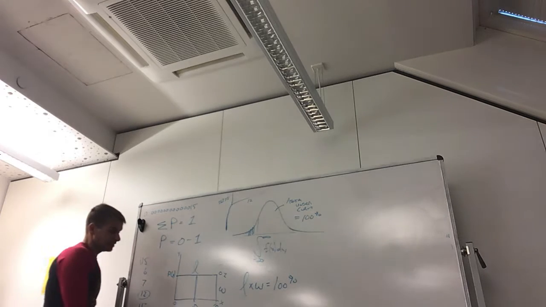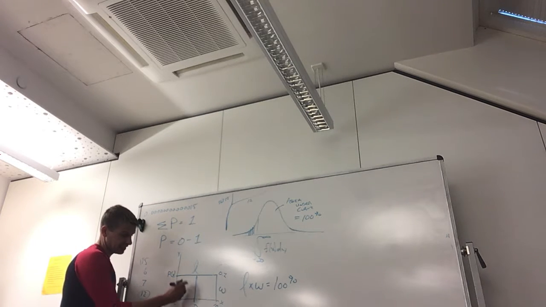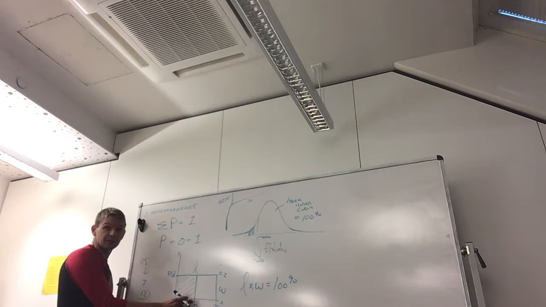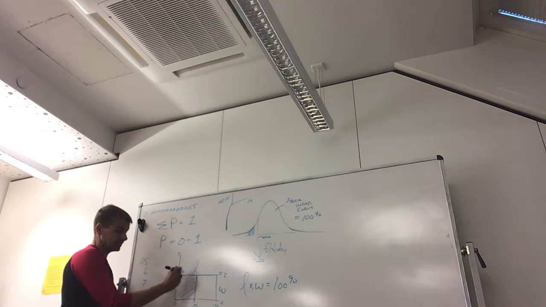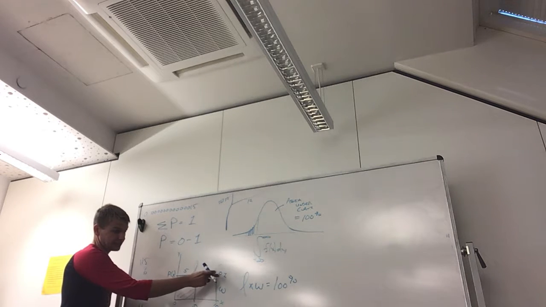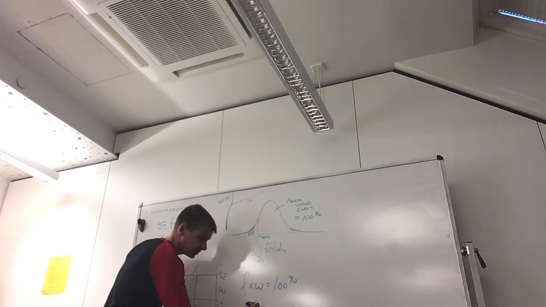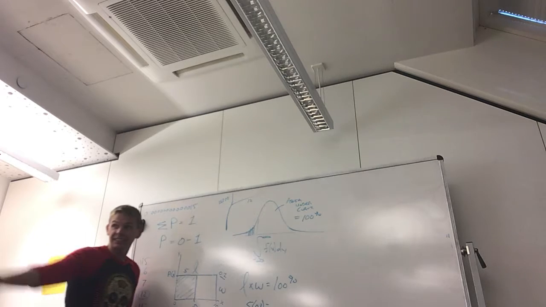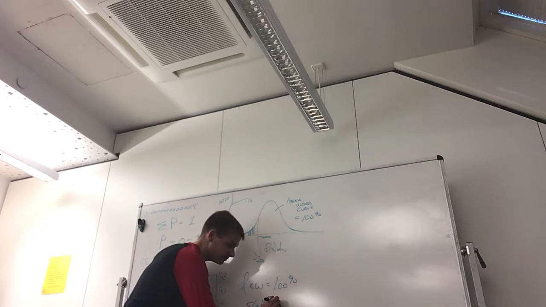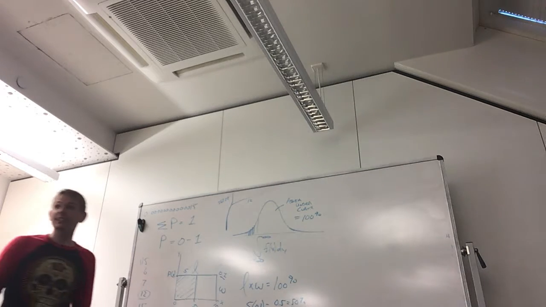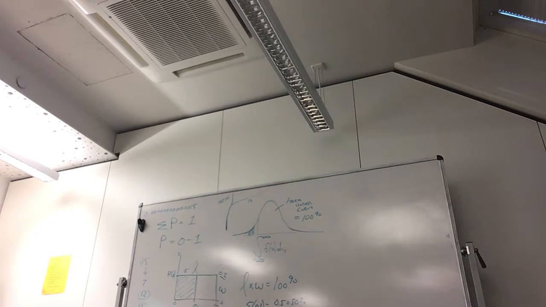This rectangle right here is 5 across, and the height is 0.1. So 5 times 0.1 is 0.5. So the probability of waiting for a train 0 to 5 minutes would be 50%.